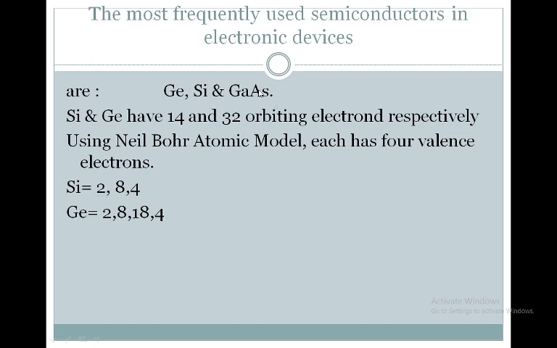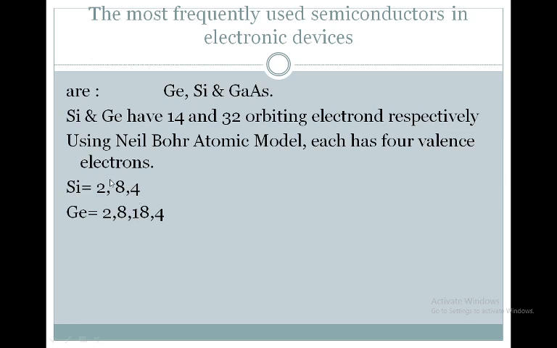Gallium arsenide is a compound too, so there is a covalent bond between gallium and arsenic. So we will not be dwelling too much on that. So we may actually be using silicon for ease of our understanding, but we see that germanium and silicon have 4 valence electrons, and elements that have 4 valence electrons are termed tetravalent, meaning tetra 4, valence from the word valency.